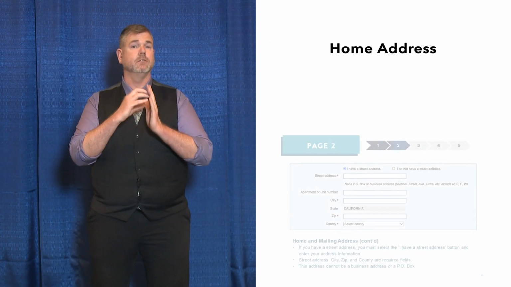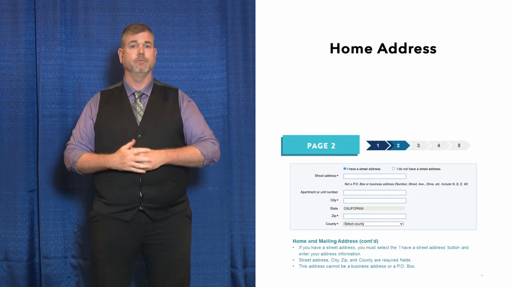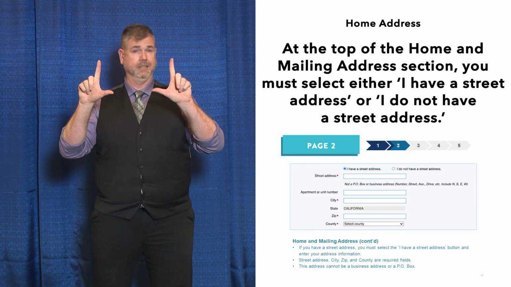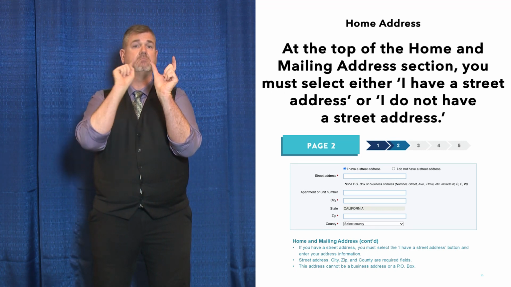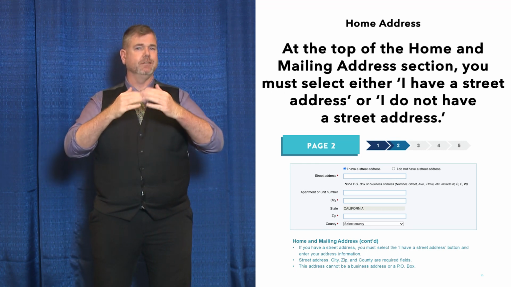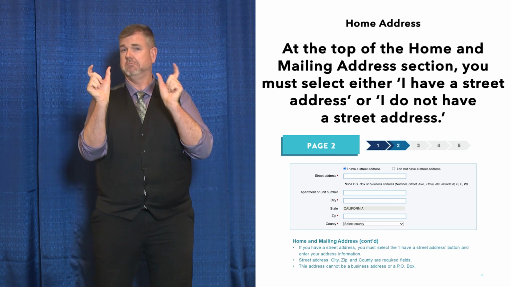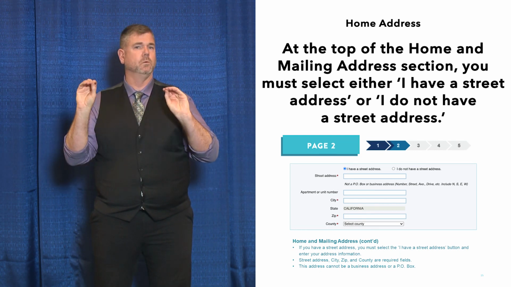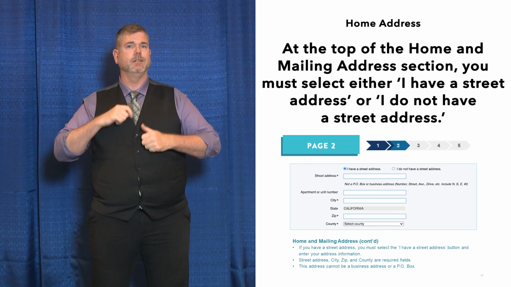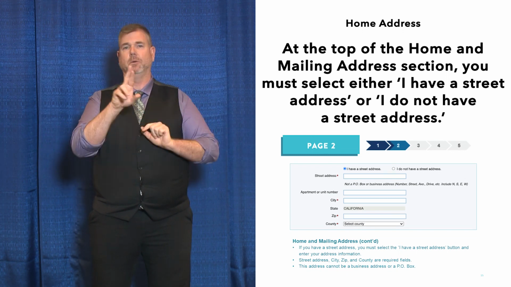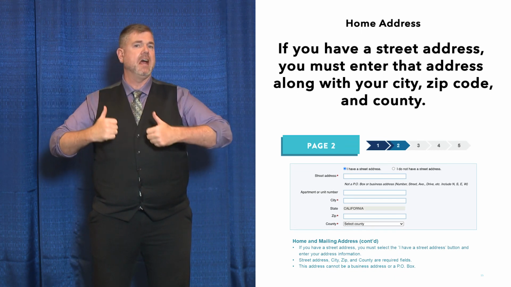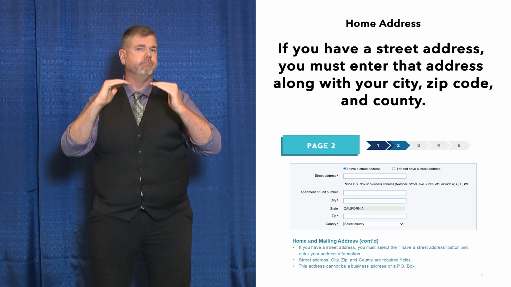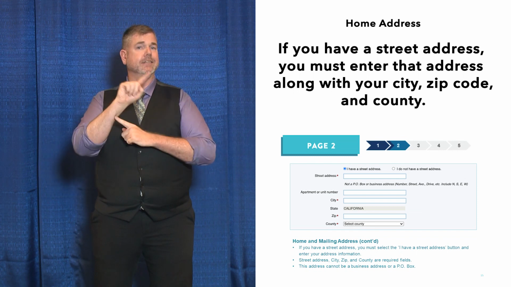Home address. At the top of the home and mailing address section, you must select either I have a street address or I do not have a street address. If you have a street address, you must enter that address along with your city, zip code, and county.